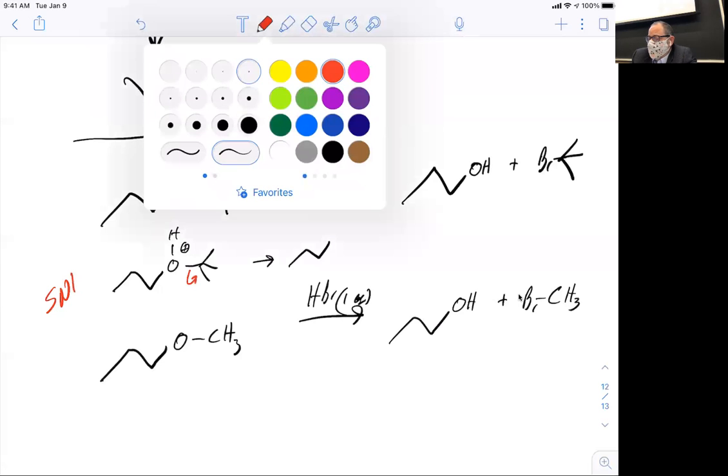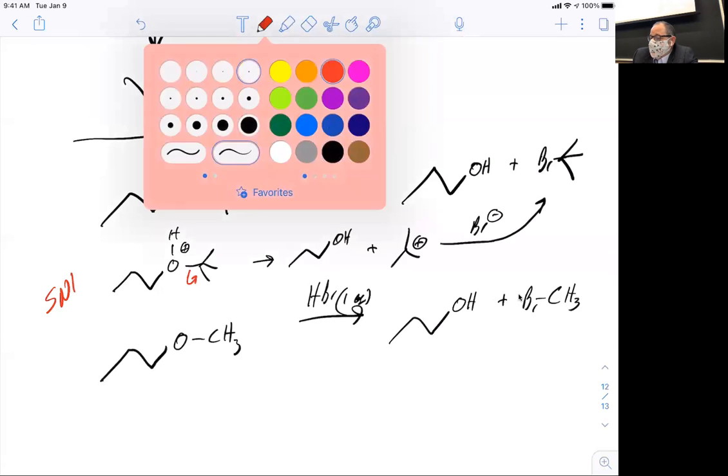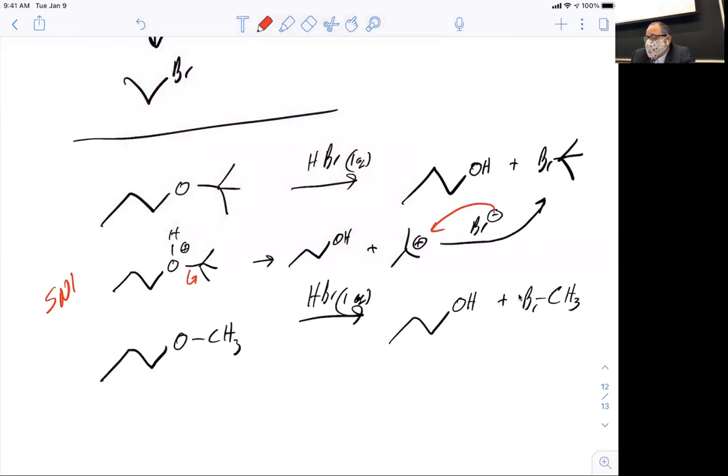And we get the alcohol plus the carbocation, and then the carbocation reacts with the bromine. So what you have to ask in this case is, when I cleave this with one equivalent, do I have the possibility of a stable carbocation for an SN1 type process? If so, that stable carbocation is going to add to the bromine.